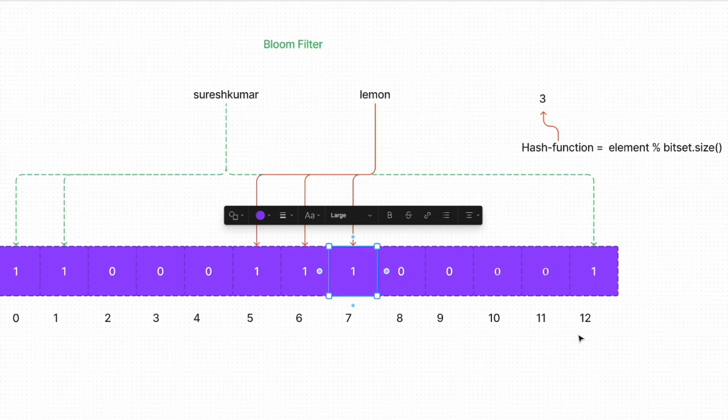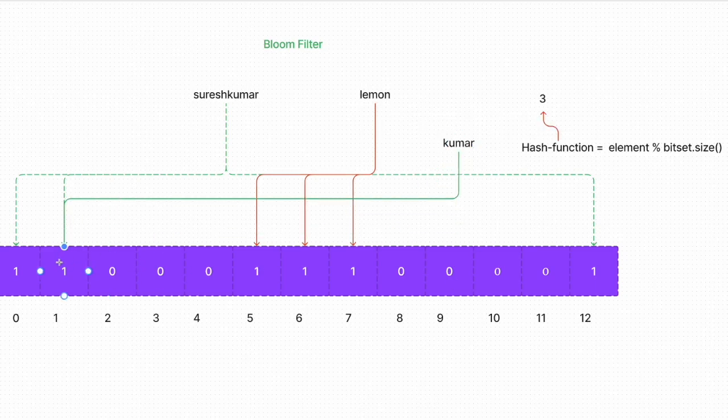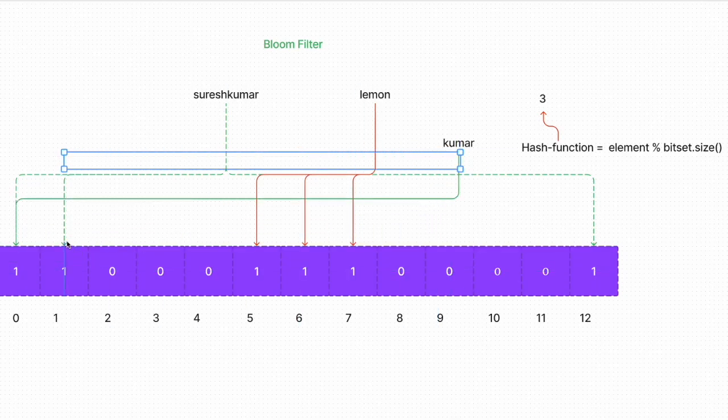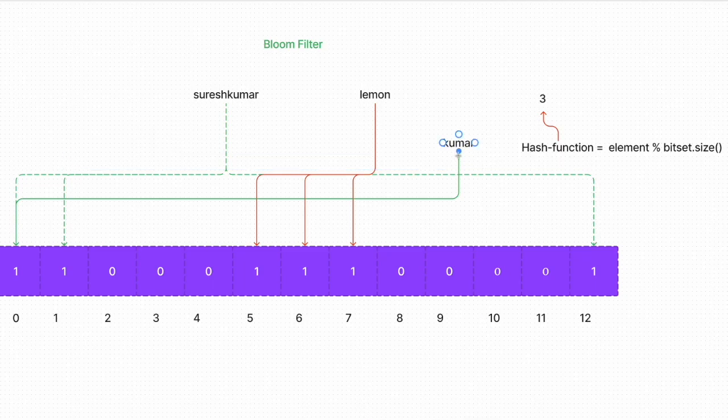Now let's see if there will be a collision. Let's consider an element, Kumar. The hash value for Kumar will be the same as Suresh, and it would be pointing here.